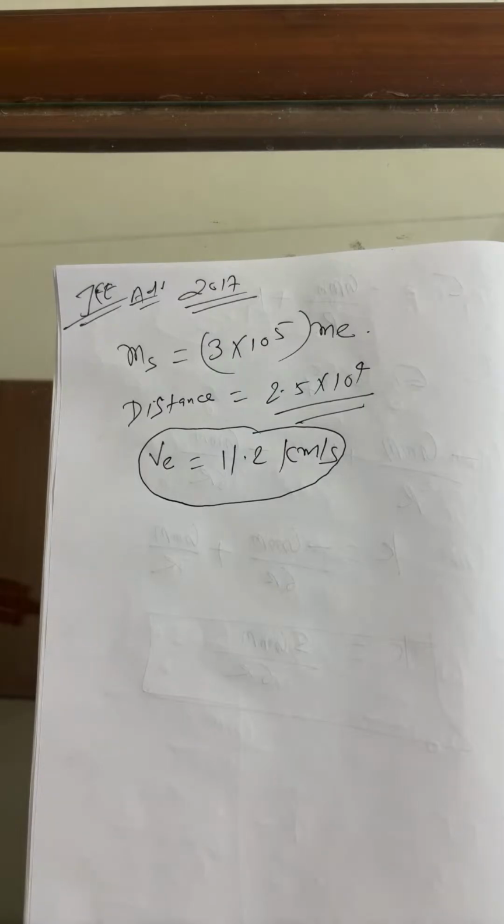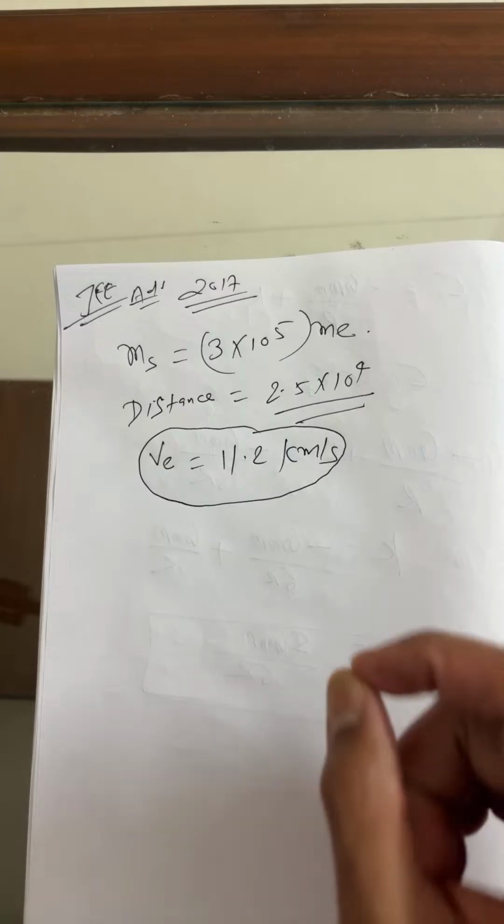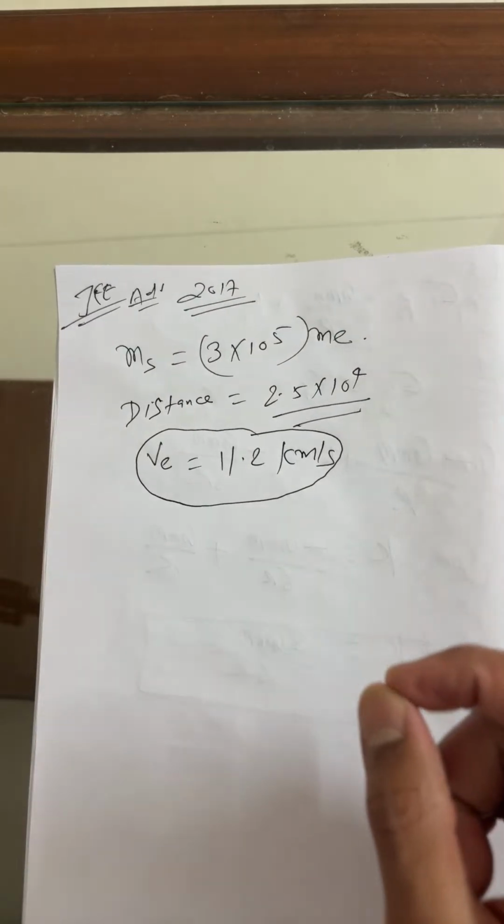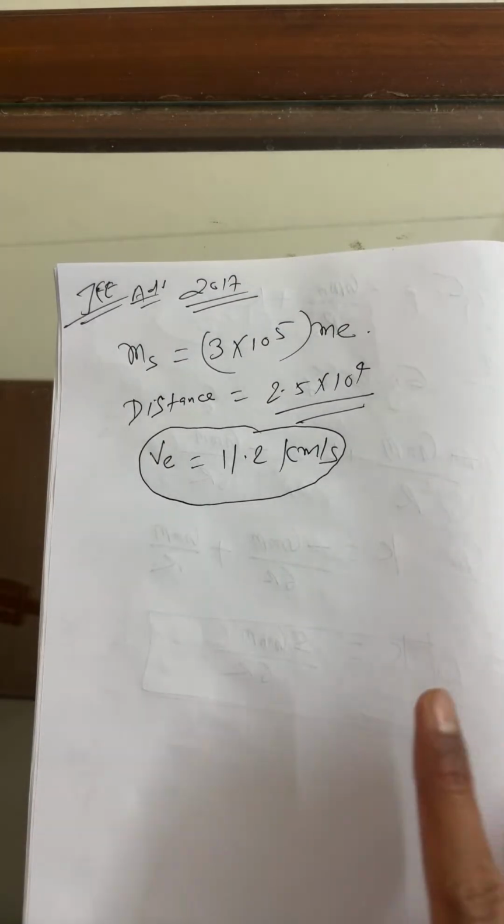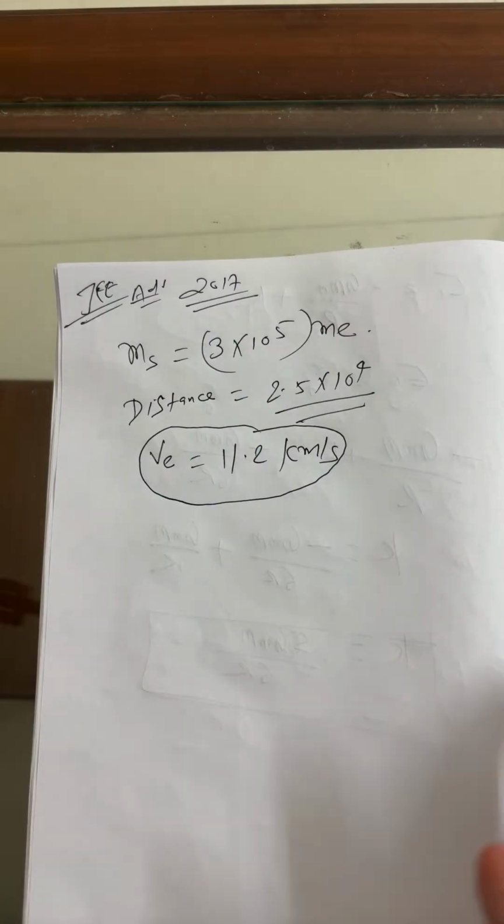The minimum initial velocity required for the rocket to be able to leave the Sun and Earth system: how much minimum velocity do we have to give a rocket so that it can leave the Sun-Earth system? Closest to, and the options are here.